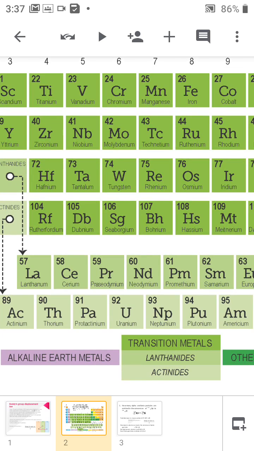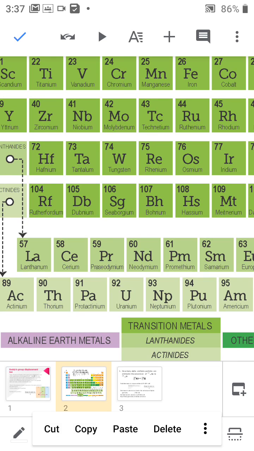And this thorium emits a beta particle, and the daughter nuclei formed after beta emission is protactinium, which is placed 1 place right to the parent nuclei thorium, having the atomic number 91, that is 1 greater than that of the parent nuclei thorium.